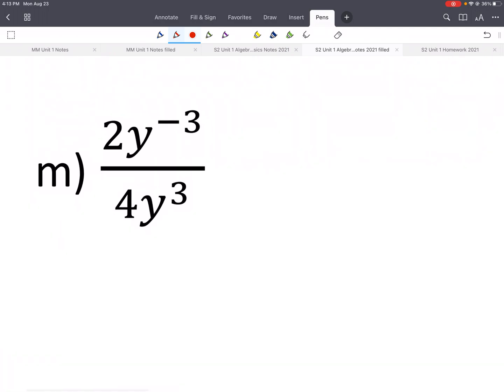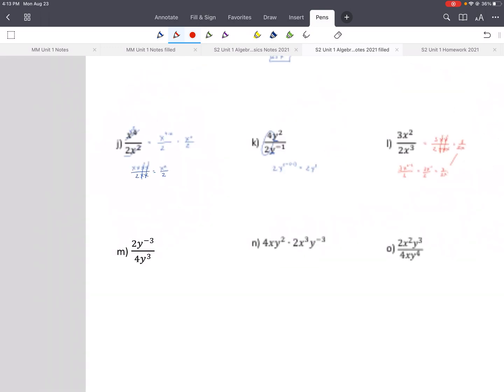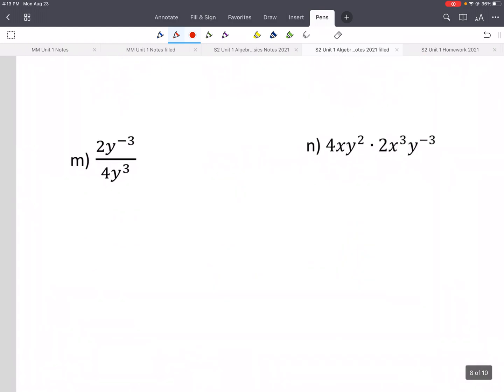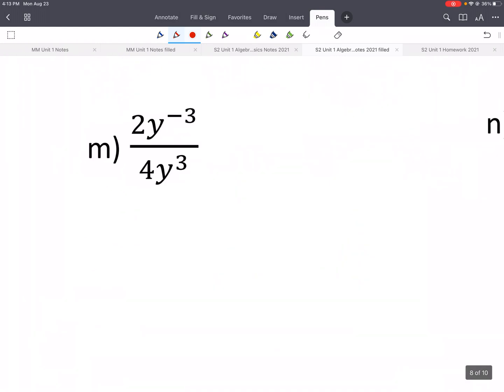Okay, it looks like we're using the quotient of powers, when we're dividing exponents. So here we would do 2y to the negative 2, negative 3 minus what's on the bottom.